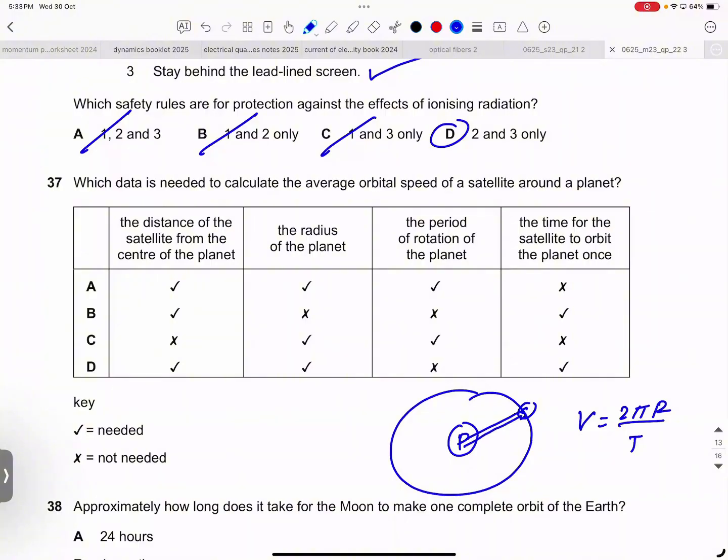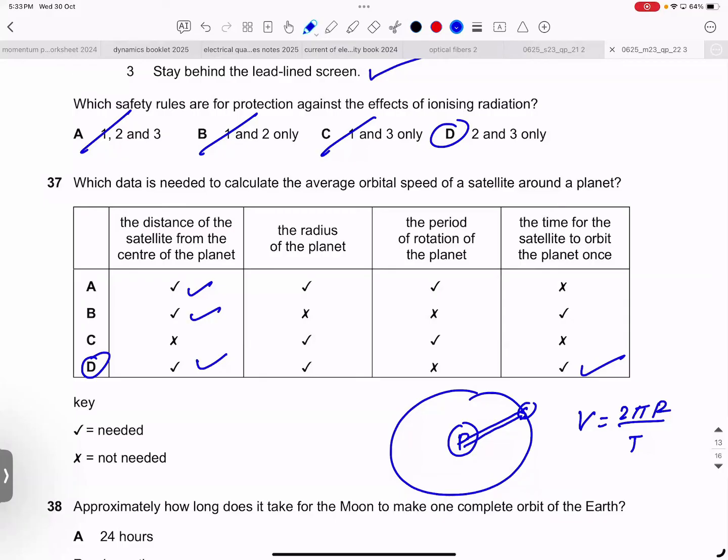Yes. Then we need the orbital period of the satellite. There is no other option. Orbital period is needed.